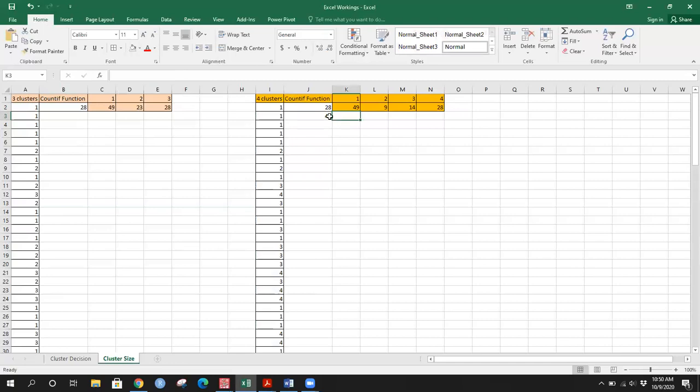Okay, so that means these are the number of people who lie in cluster 1, and I've written it over here, 49. Okay, now you can go on COUNTIF again, and instead of 1 you write 2, then tab. You will see that in cluster 2 you have 9 people. Similarly, you can put a 3 and then 4, and then you'll easily understand.